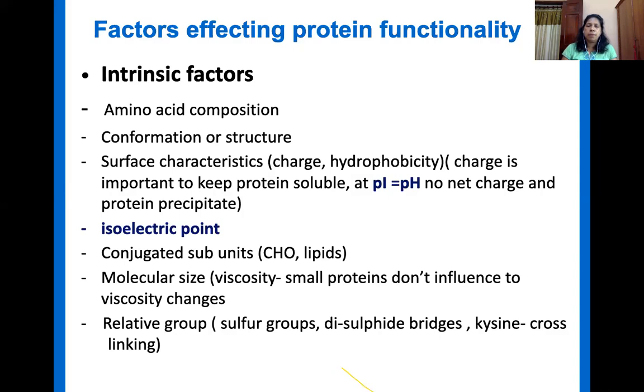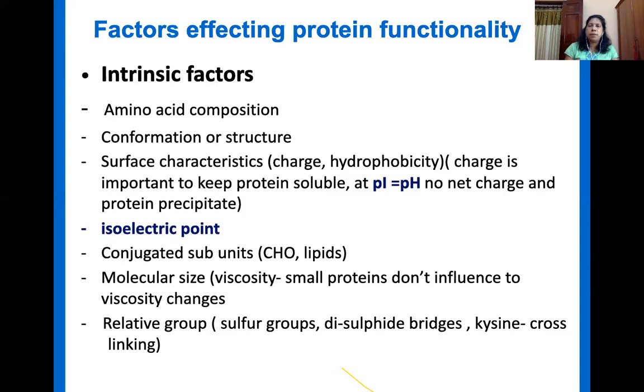The other one is relative groups. Sulfur groups are there, disulfide bridges are there, calcium cross-linking is there, and different cross-linking can happen. It is dependent on the relative groups in the side chain, because the main chain is a peptide chain not having any sulfur or other groups, only carbon, hydrogen, oxygen in the peptide chain, while all other molecules are in the side chain.